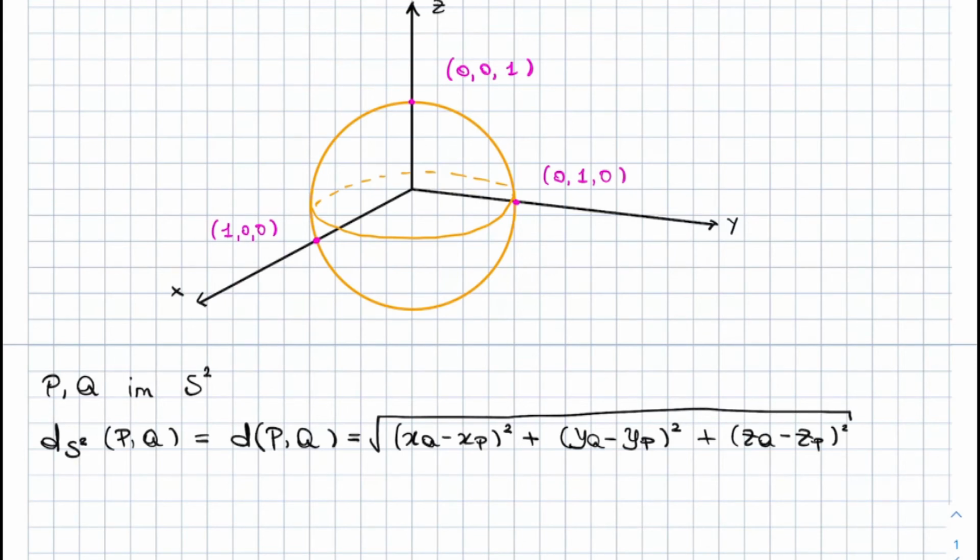Well, it means that if you take a point P here on the sphere and a point Q here on the sphere, then to compute the distance between them, you just take the segment that goes from P to Q and it goes inside the sphere, and you compute the length of this segment.